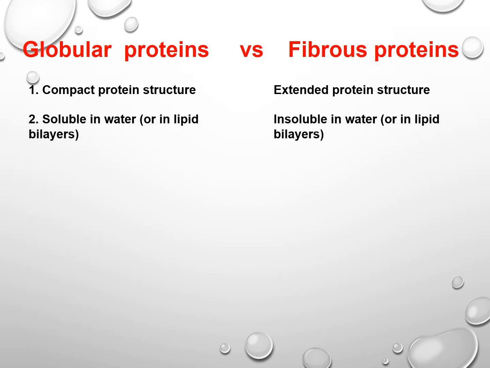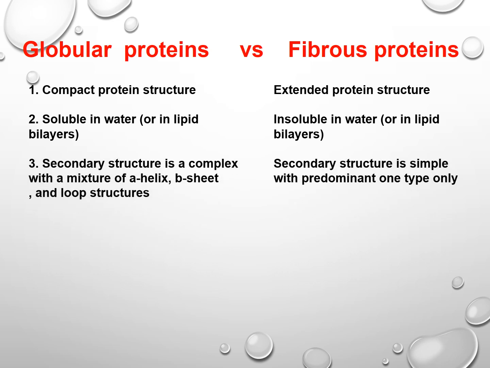Globular proteins are soluble in water or in a lipid bilayer. Fibrous proteins are insoluble in water or in a lipid bilayer. As for structural organization, in globular proteins the secondary structure is complex, with a mixture of alpha helix, beta sheets and loop structures, while in fibrous proteins the secondary structure is simple, with predominantly one type only.